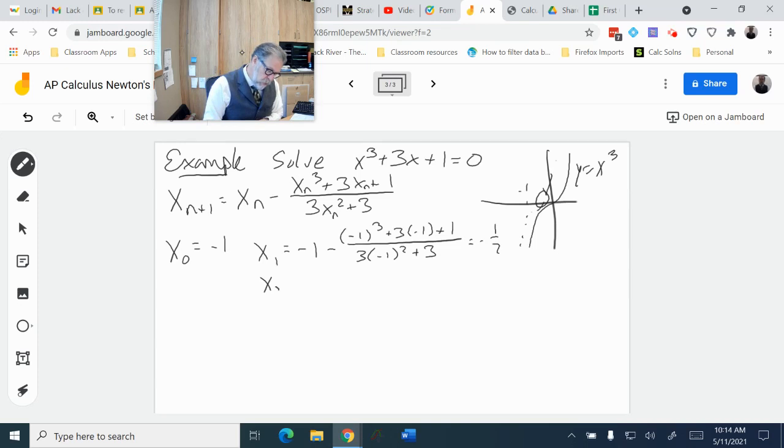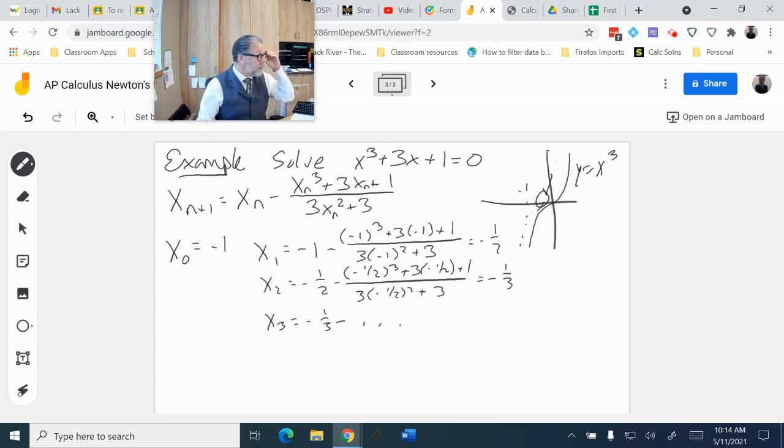So what does x sub 2 equal? Well, -1/2 minus (-1/2 cubed plus 3 times -1/2 plus 1) divided by (3 times -1/2 squared plus 3), and that's approximately -1/3. And x sub 3 will be equal to -1/3 minus ... And what we get for x sub 3 is -0.322222, and so on, because that's what my calculator goes to.